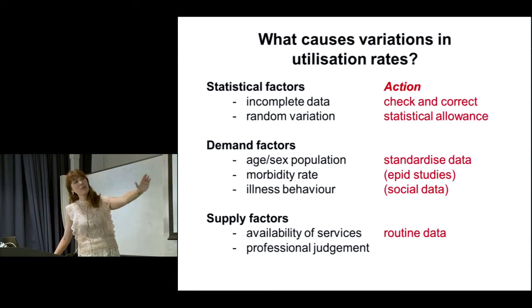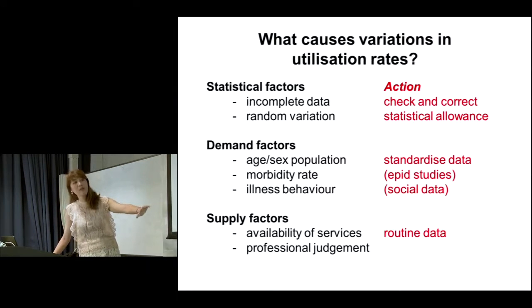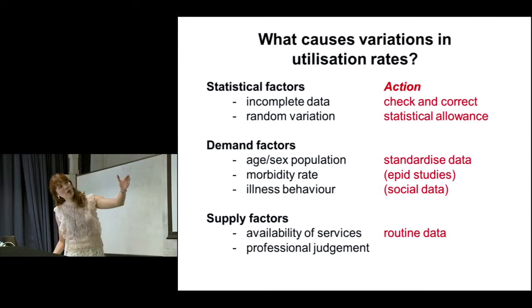We need to know that for demand factors, there are some things that can be accounted for. But things like illness behavior and professional judgment are very hard to capture. And we might need epidemiological studies, because routine data won't be able to help us answer all those questions.